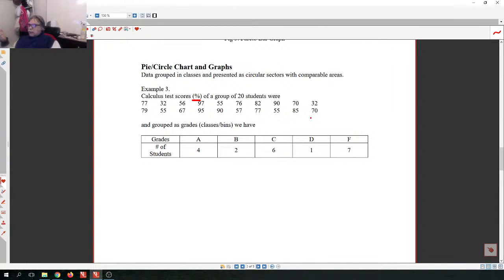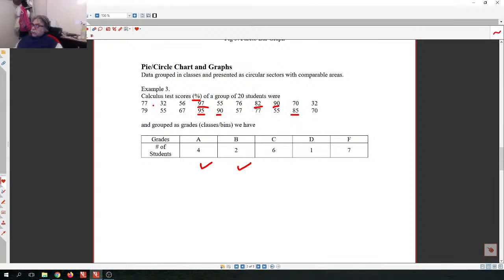But I'm interested in grades here, right? So I'm separating based on grades. So the A's are the people in 90s, so I have one here, and I have another one here, another one here, and another one here. Four A's. B's are people in 80s, so I have 85, 2 only.